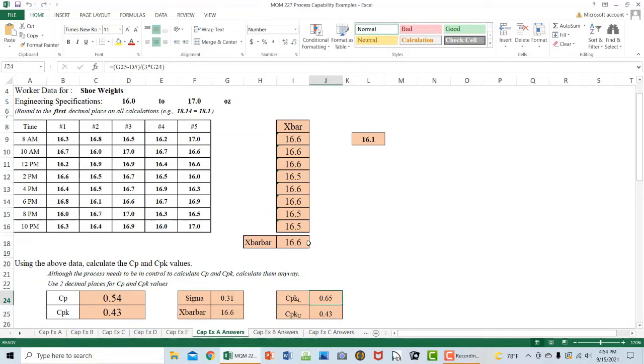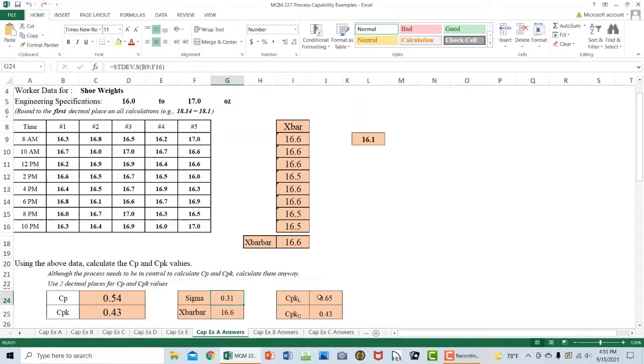So 16.6 minus 16. And you say, well, which way do I go? Well, in most cases it's going to be positive. There's a few exceptions, but take 16.6 minus 16.0, and you have that number, and then you take that difference and divide it by 3 times sigma, or standard deviation.